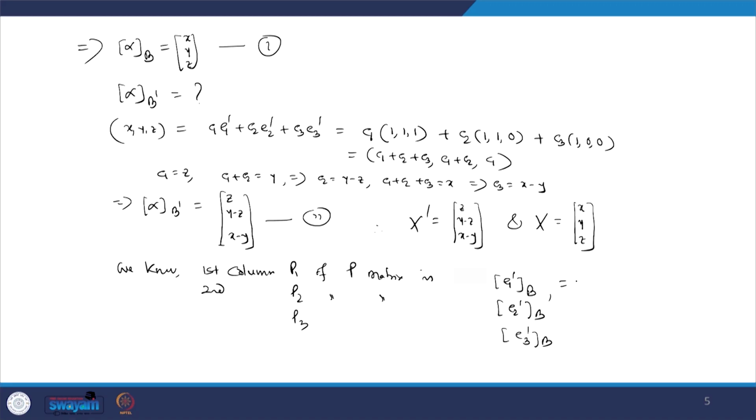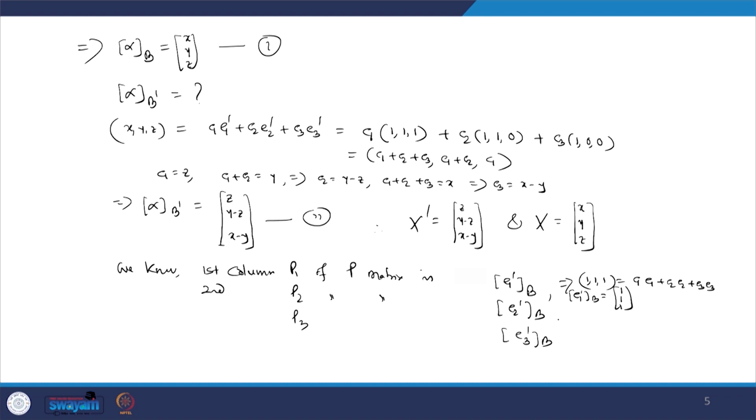See, E1 prime means (1, 1, 1). So, (1, 1, 1) equals C1 E1 plus C2 into E2 plus C3 into E3, where E1 is (1, 0, 0), E2 (0, 1, 0), E3 (0, 0, 1). So, the coordinate matrix of E1 prime with respect to B is (1, 1, 1): C1 will be 1, C2 will be 1, C3 will be 1.